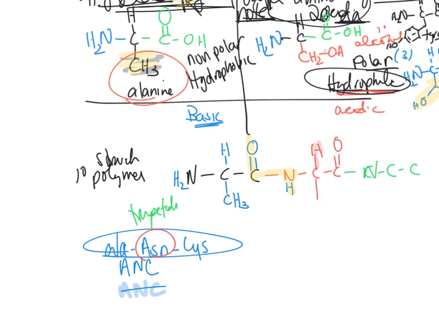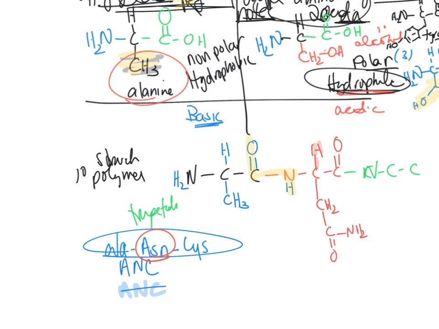Hydrogen there, and we need asparagine, which is CH2, and then this is an amide.